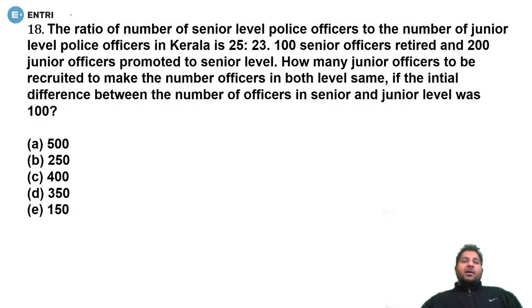Now, this is an oral question and I want all of you to do it within time. Look at this. The ratio of the number of senior level and junior level police officers is 25:23.